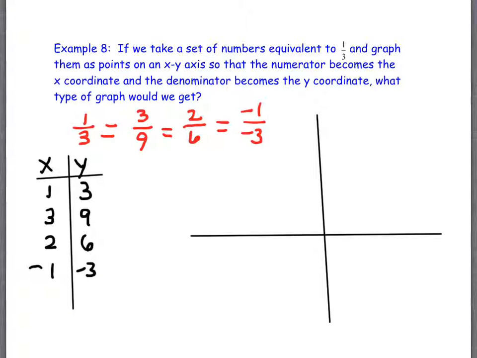All right, so I need to go out to 3 and up to 9. And we're going to plot these points, at least as best we can. So I've got 1, 3. I've got 3, 9. I've got 2, 6. And I've got -1, -3.